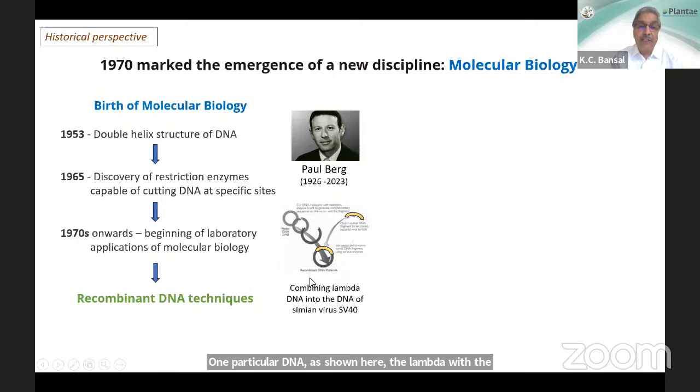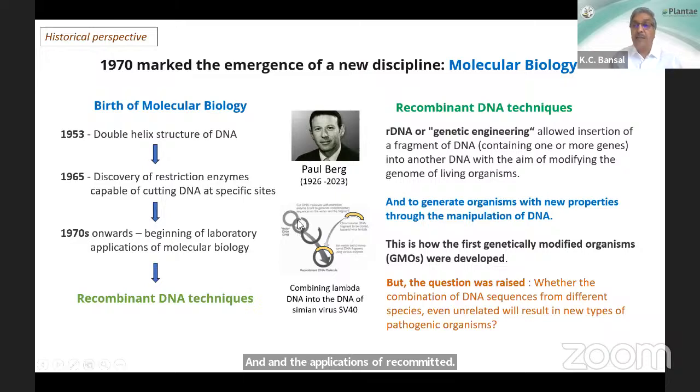And this gave rise to the first recombinant DNA molecule. And with this, there was a new beginning of the laboratory applications of molecular biology from 1970 onwards. And the applications of recombinant DNA technology were realized.